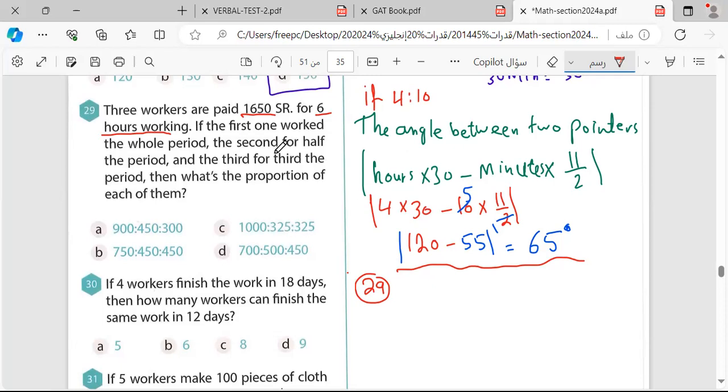Okay. If the first one worked the whole period, we write the whole 6 hours. The second one for half the period, so it becomes 3. And the third for a third of the period, so it will be 2.